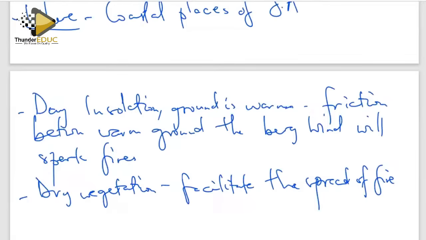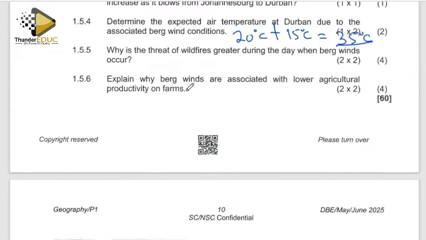Because the vegetation is dry during the day, there's no accumulating moisture over the vegetation. It has evaporated during the day because of insolation. Then fires can easily spread over dry matter because the vegetation does not have any moisture. There are high levels of evaporation during the day, so that is going to facilitate the spreading of the wildfires.